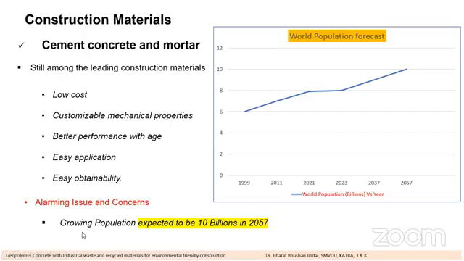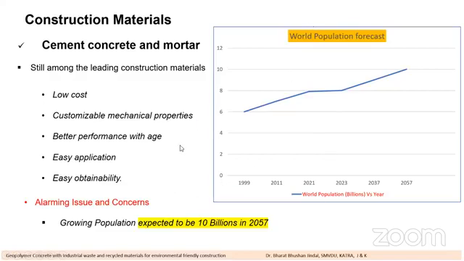Because of population growth, which is expected to be nearly 10 billion in 2057. From the right side graph, you can see the forecast of world population per year, that means how it is growing. You can see the growth is steady, continuously growing.